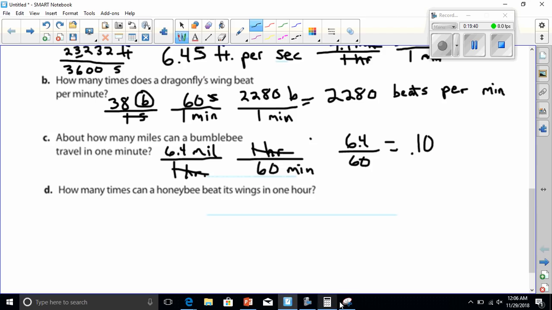That means we're going to change this answer, since it was 10, 6 repeating, to 11, because 6 is higher than 5. So 0.11. How many miles can a bumblebee travel in 1 minute? 0.11 miles.